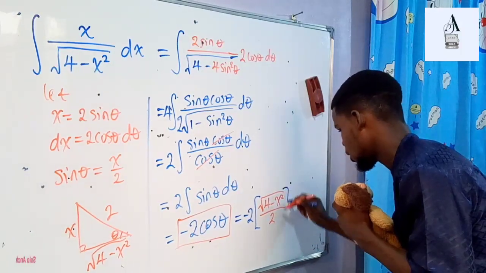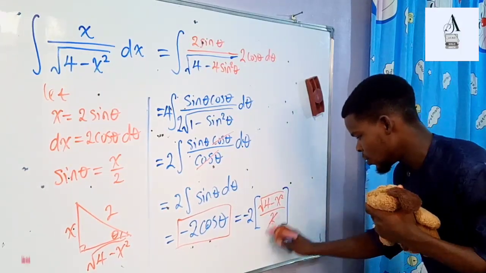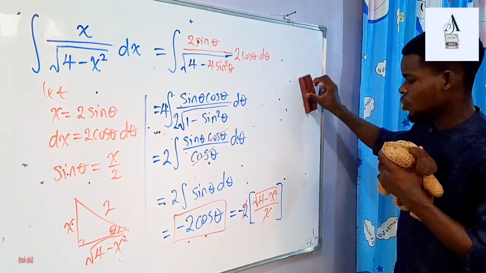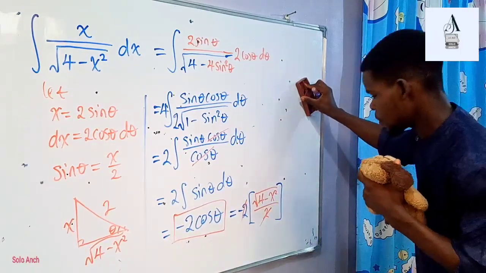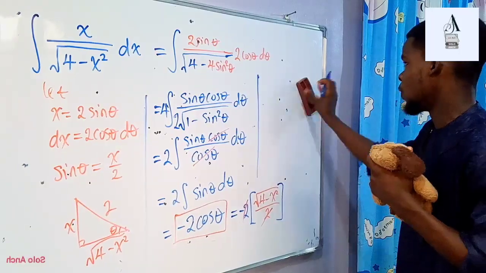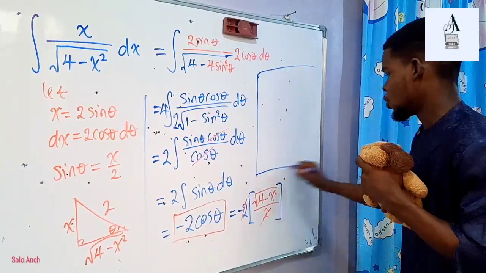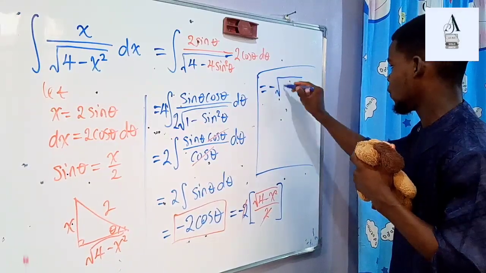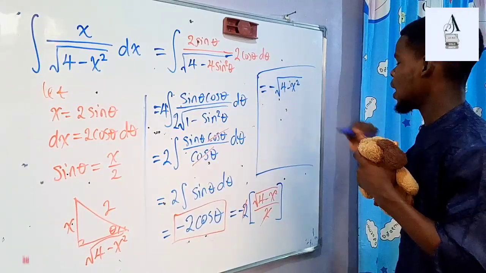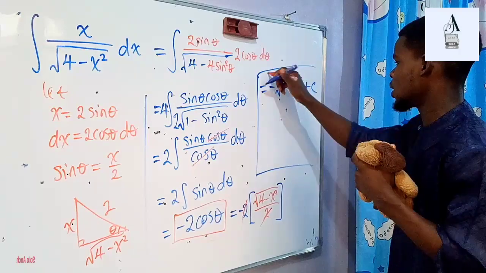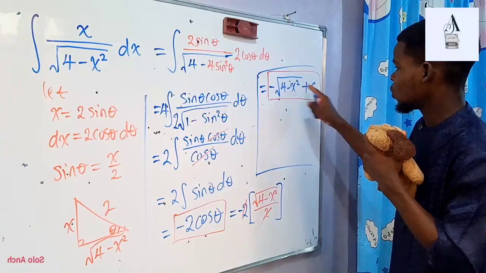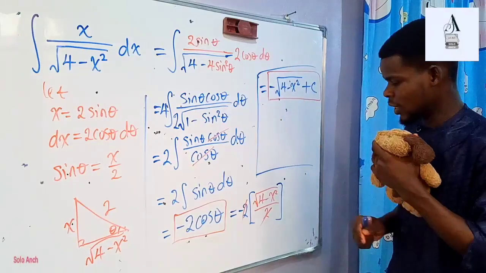Okay, so you notice that this 2 and this 2 will cancel. That means we're going to be left with the negative of the square root of 4 minus x squared. And since we are done, we can add an arbitrary constant, and this right here is the antiderivative of the function we're given. And if you'd like, you can put the c in front, before this negative term.